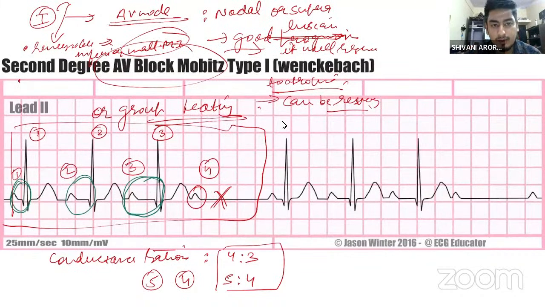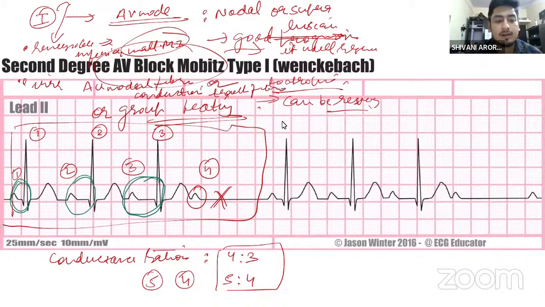So the AV block due to inferior wall MI has a good prognosis, and it is mostly reversible. Clear? And then we can have irreversible causes like AV nodal fibrosis or conduction tract fibrosis. Clear?